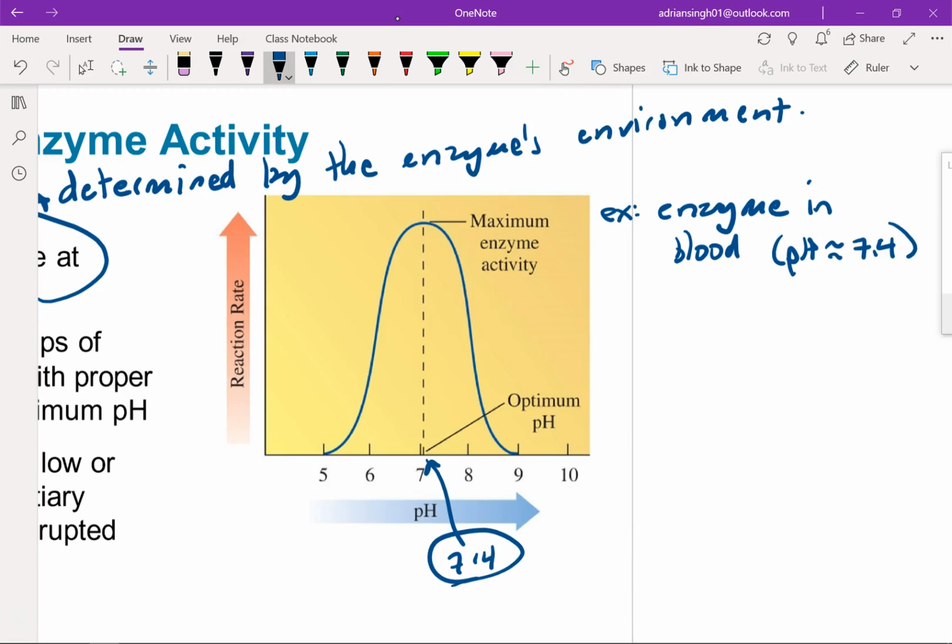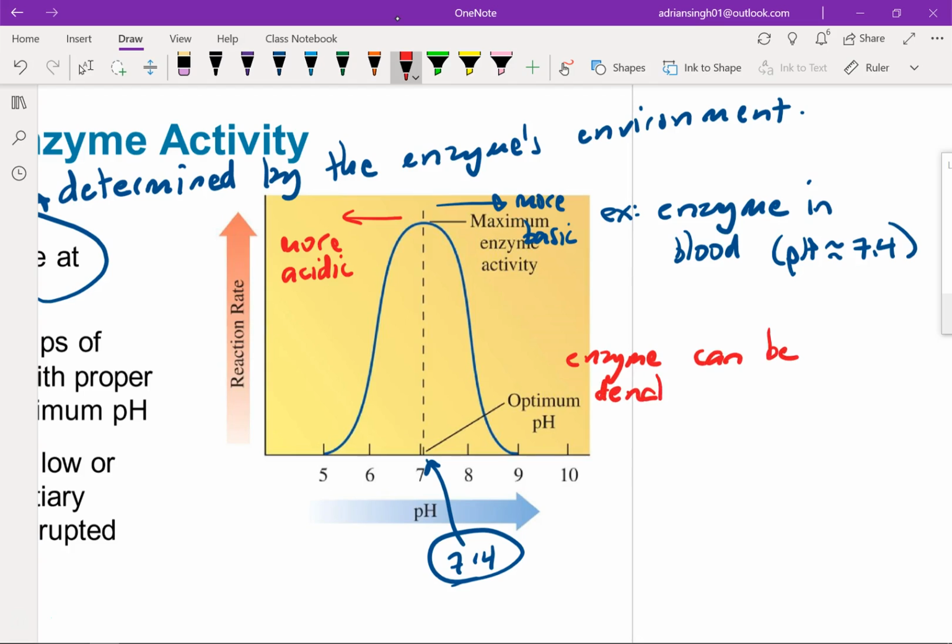And as you change the pH, if it becomes more basic, the pH goes up, or if it becomes more acidic, the pH goes down, well, then what happens is the enzyme activity decreases tremendously. And what you're actually doing there is you're also denaturing the enzyme, meaning we're affecting the structure of the enzyme at pHs other than the optimum pH.